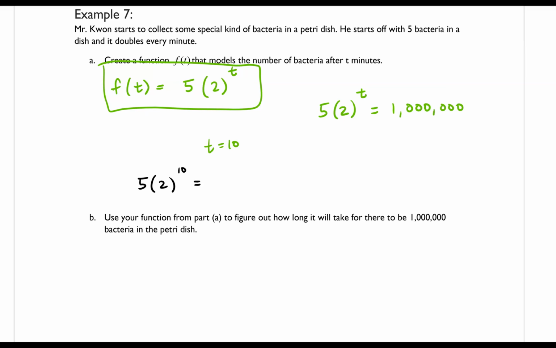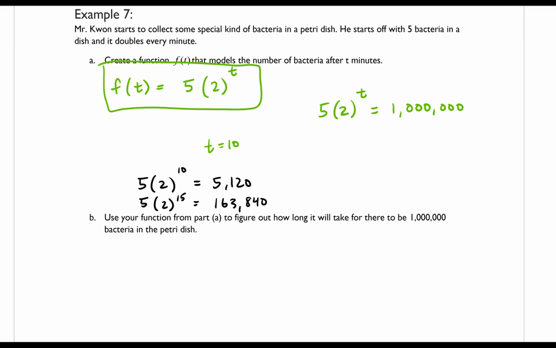I've thrown that into my calculator, and that is 5,120 bacteria. So that's not quite the number that we want. Again, I could plug in maybe, let's say 15. So I would have 5 times 2 to the 15th power. I've also plugged that into my calculator. After 15 minutes, there would be 163,840 bacteria, but that's not quite the million that we're looking for.